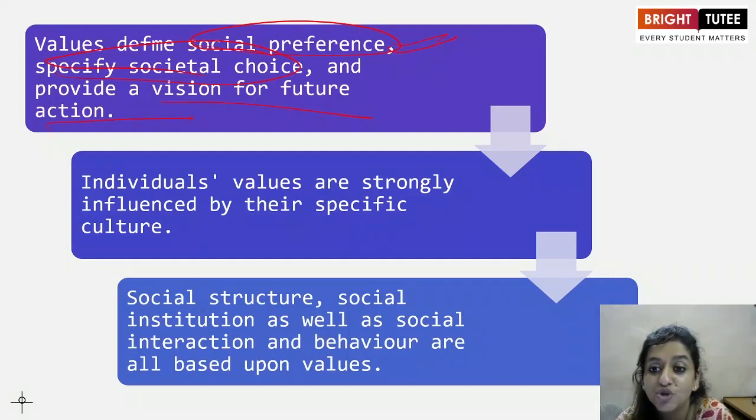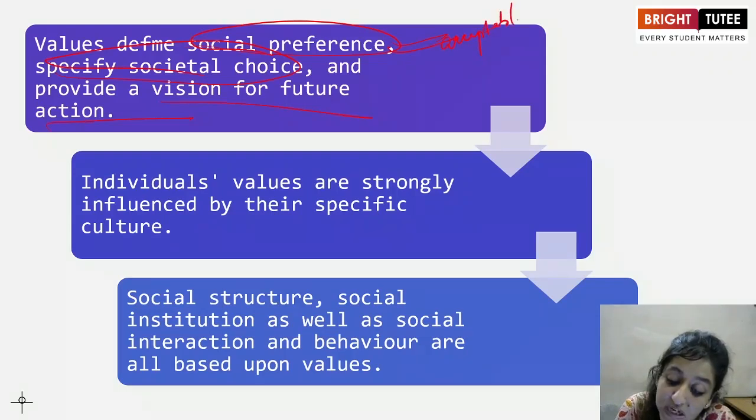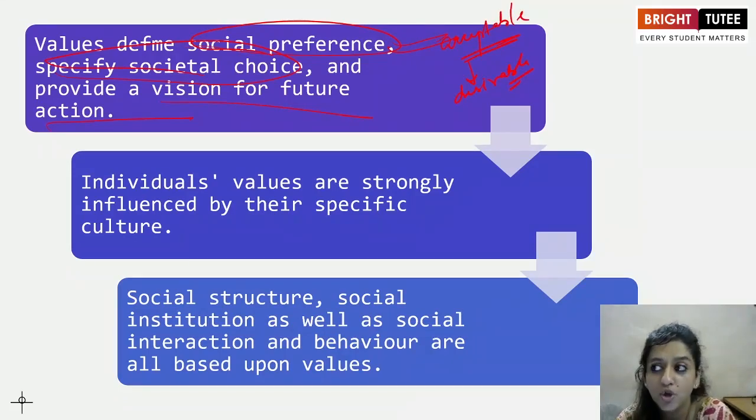What kind of social preference are you going towards? Whether you want to be an acceptable individual by doing all the desirable actions, or the kind of social preference where you want to be a rebel. That is how it is described under social preference.